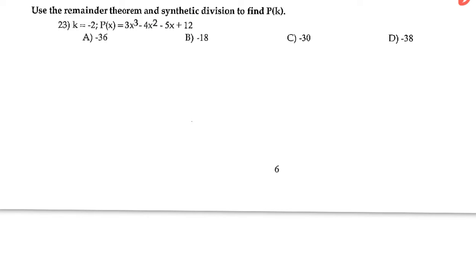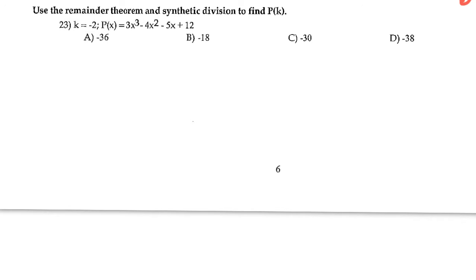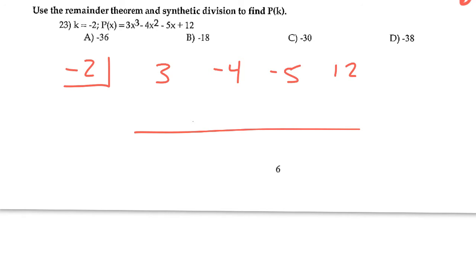Using synthetic division to decide, and the remainder theorem to find p of k, we will just simply synthetically divide with k being -2 into the 3, the -4, the -5, and the 12, and make room for synthetic division to happen. So we're going to bring down the 3. 3 times -2 is -6. -6 and -4 is -10. -2 times -10 is +20.